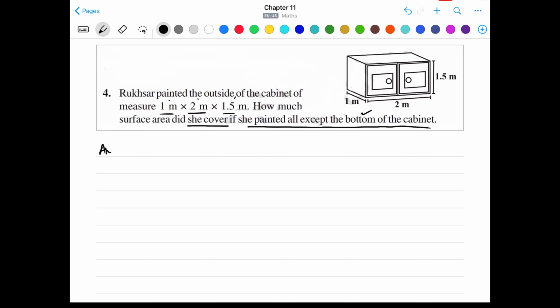So let's first write the given measurements. We have answer number 4. We are given the measurements of the cabinet.